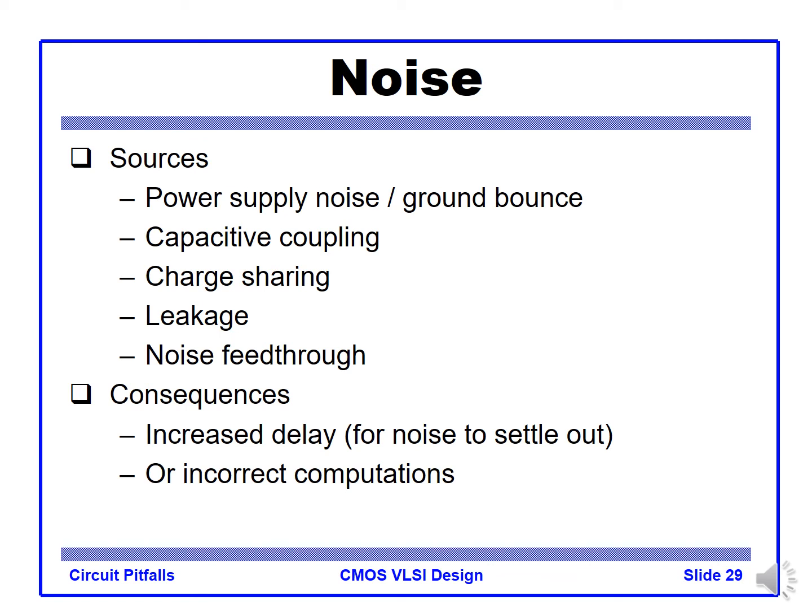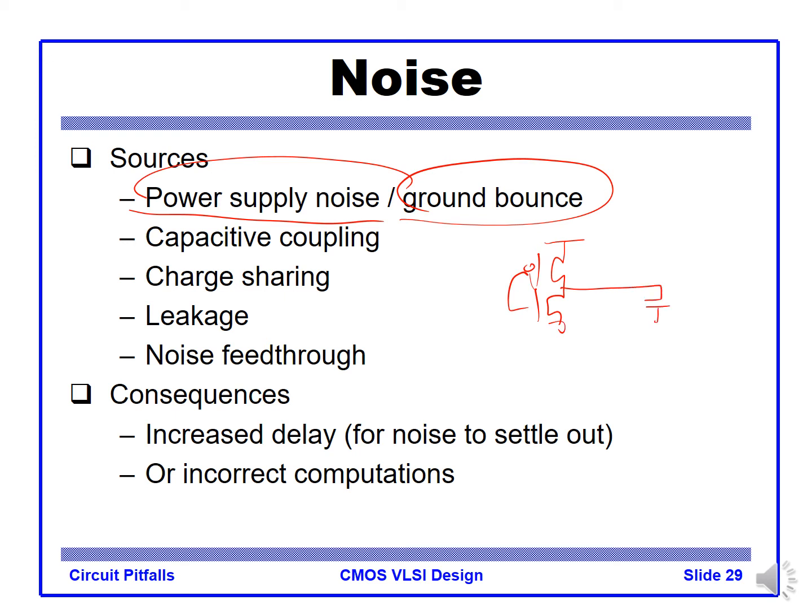So far, the circuit can behave differently when we consider noise. What kind of noise can we expect from the circuit? So first, the power supply and ground bounce. Whenever we have a switching event, there's a load capacitance, and when the input changes from VDD to 0, the PMOS is on, and the pull-up current I up will flow momentarily, like this.